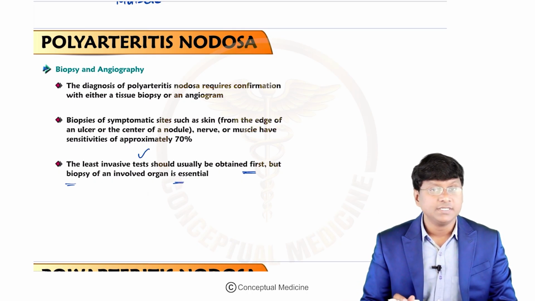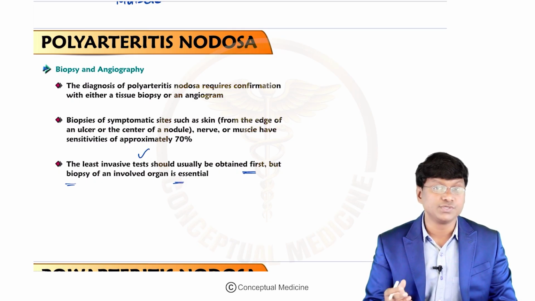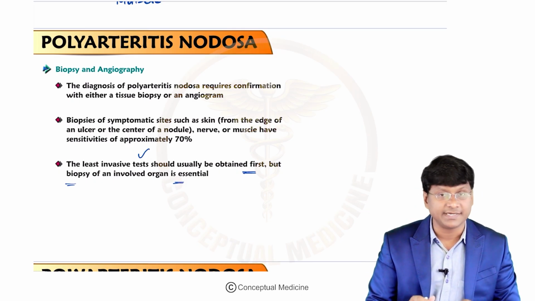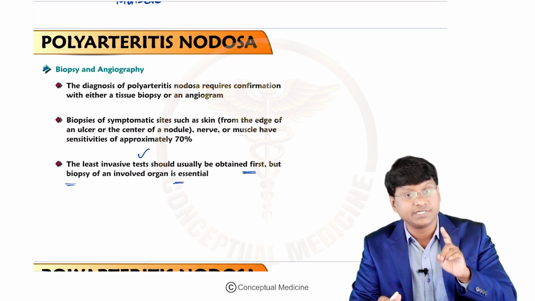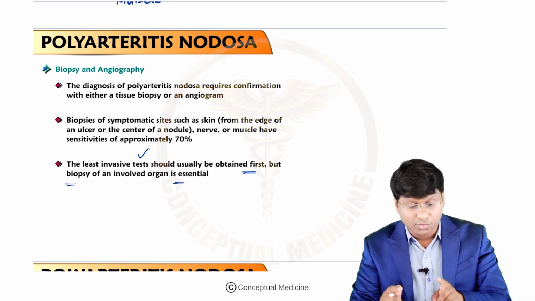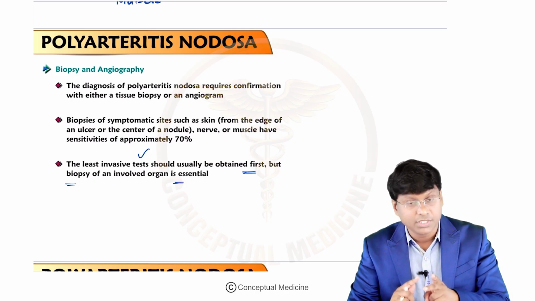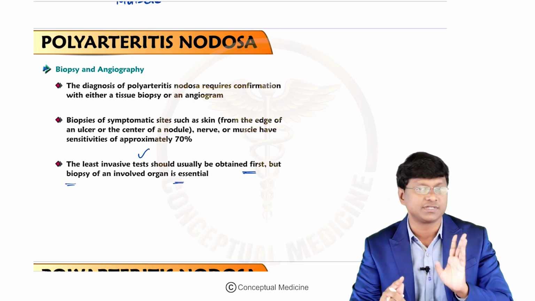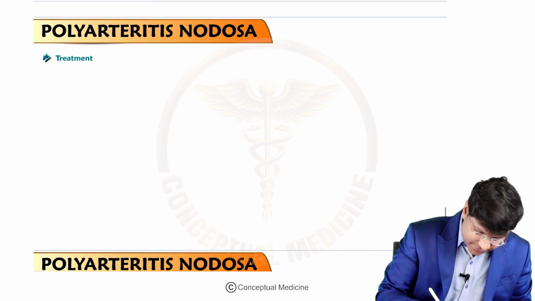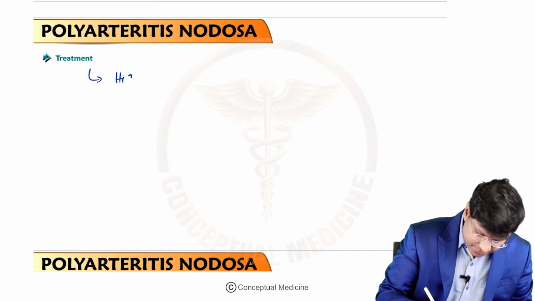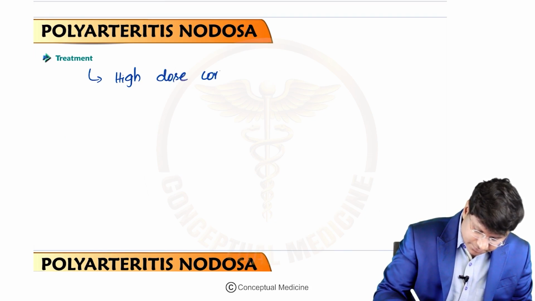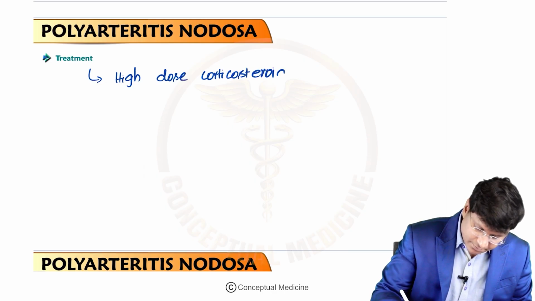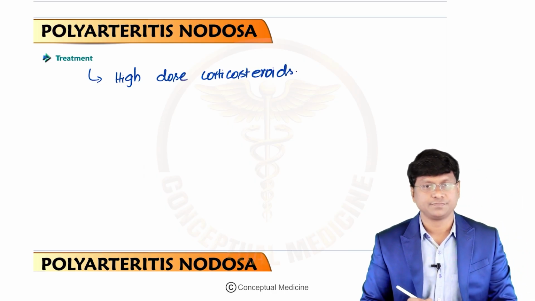Then followed by that, how do you treat these patients? In patients with polyarteritis nodosa, corticosteroids in high doses may control the fever, may control the constitutional symptoms, and may heal the vascular lesions. So the treatment is high dose corticosteroids, okay?